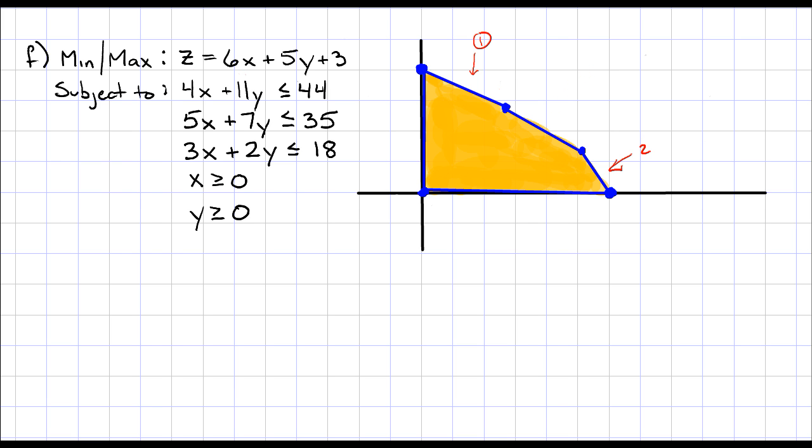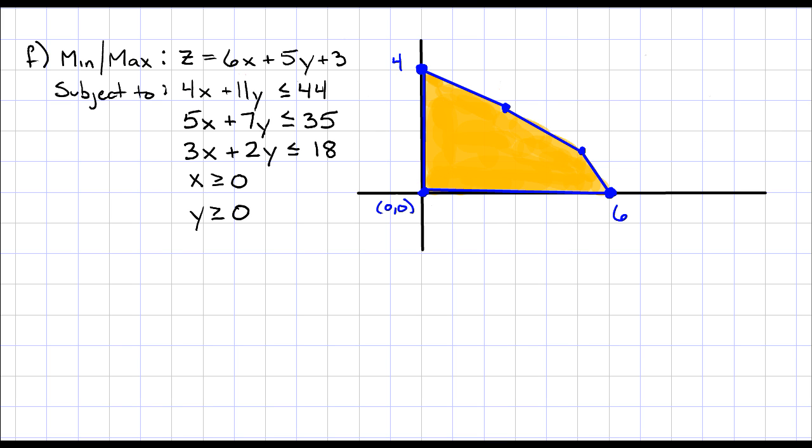Okay, so once I have all of the lines drawn and I've determined which side of the lines that I want, I can then sketch the feasible region, and now it's time to find the coordinates for my vertices. Just like before, I'm including the origin 0, 0. I also have this point 0, 4.